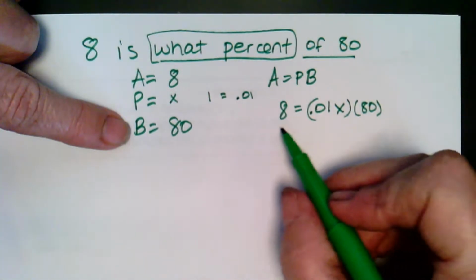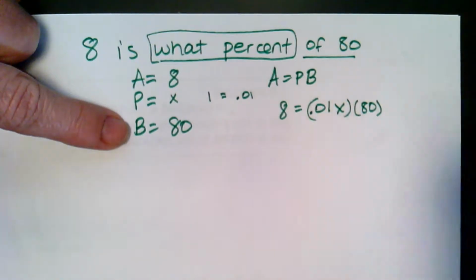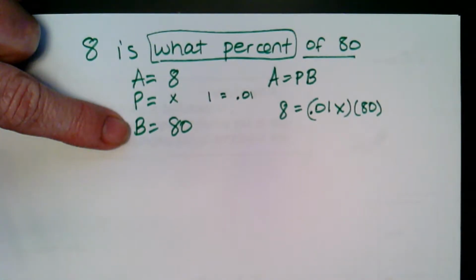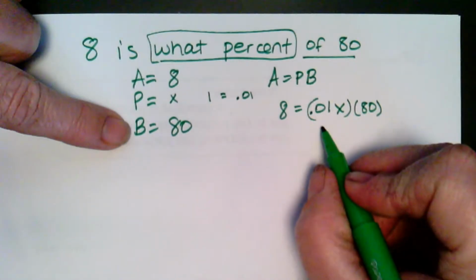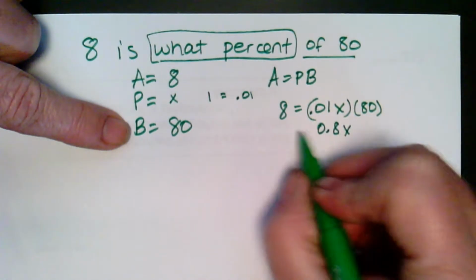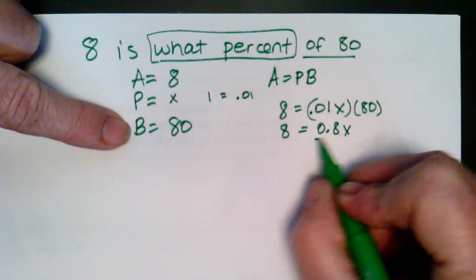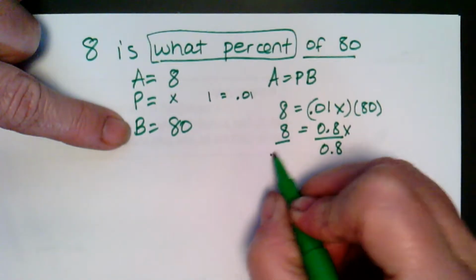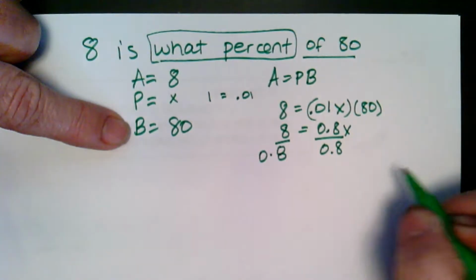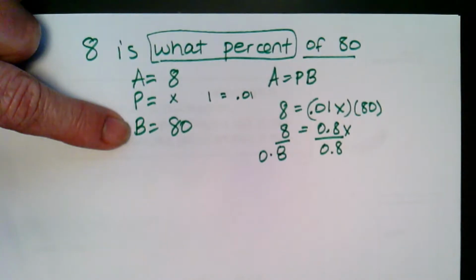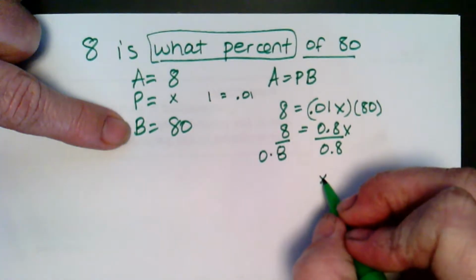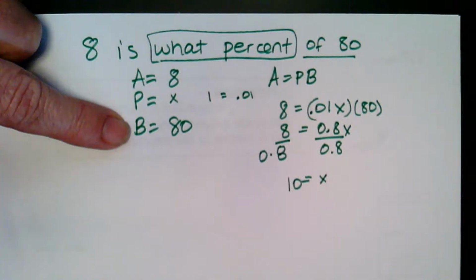So first thing we want to do is we can multiply 0.01 times 80, and we get 0.8x equals 8, and then divide both sides by 0.8. And we get 10 as our answer.